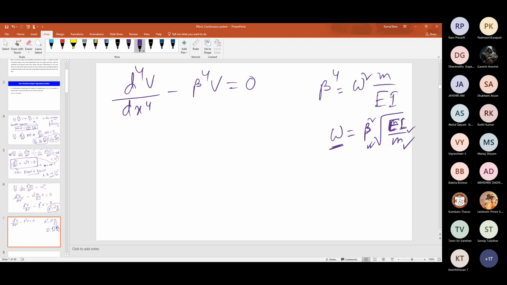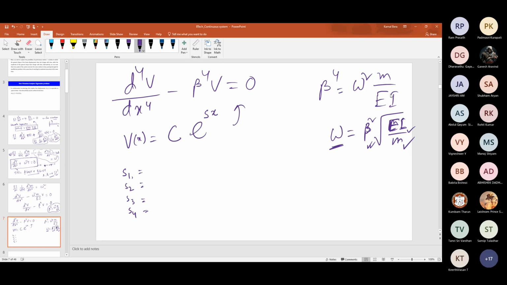So let us assume my solution V(x) equals some constant C e raised to Sx. Substitute this, then what are the roots you are getting? Obviously, you get 4 roots, S1, S2, S3, S4.